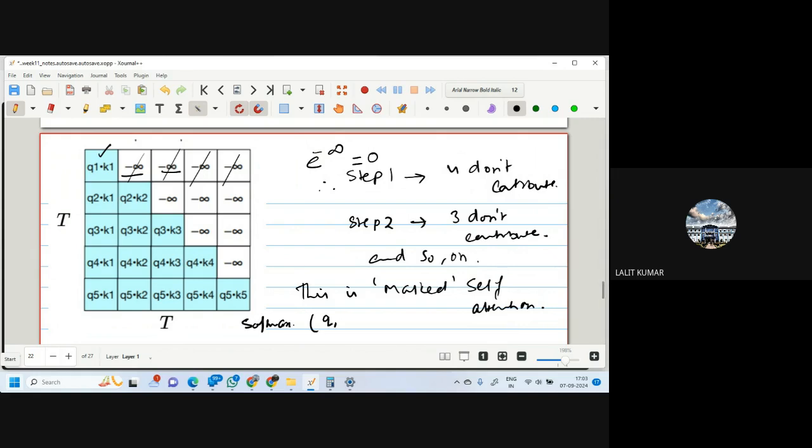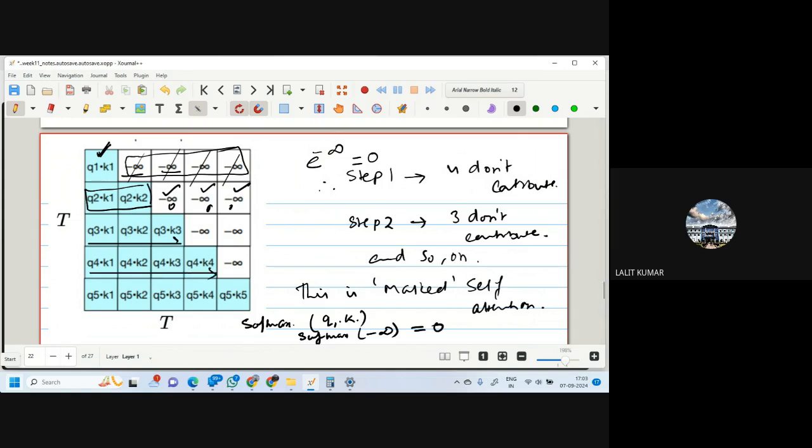Softmax of minus infinity is zero. So for all these I don't consider; I make this value 0. At the first step, I'm using only Q1, K1, then V1. Here I'm using only Q2, K2. Rest of all of them, after the softmax, will become 0.